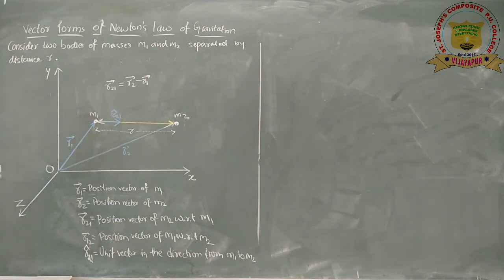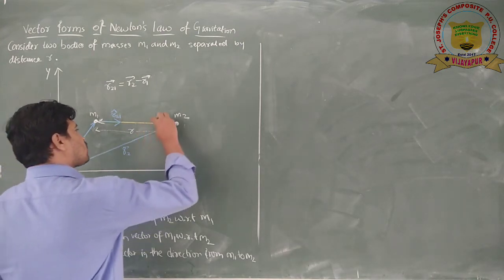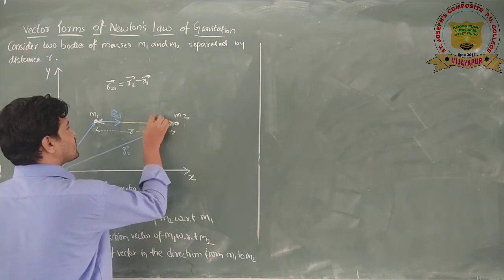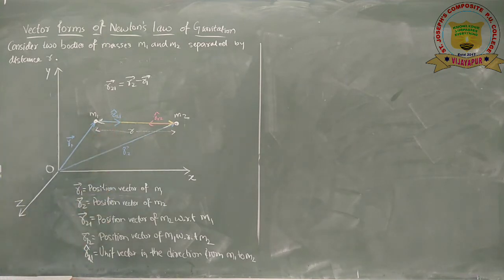This cap represents a unit vector, and its direction is from m1 to m2. The unit vector r12 is from m2 to m1, opposite to r21. These are two unit vectors, and its magnitude is only 1, but it has a direction.